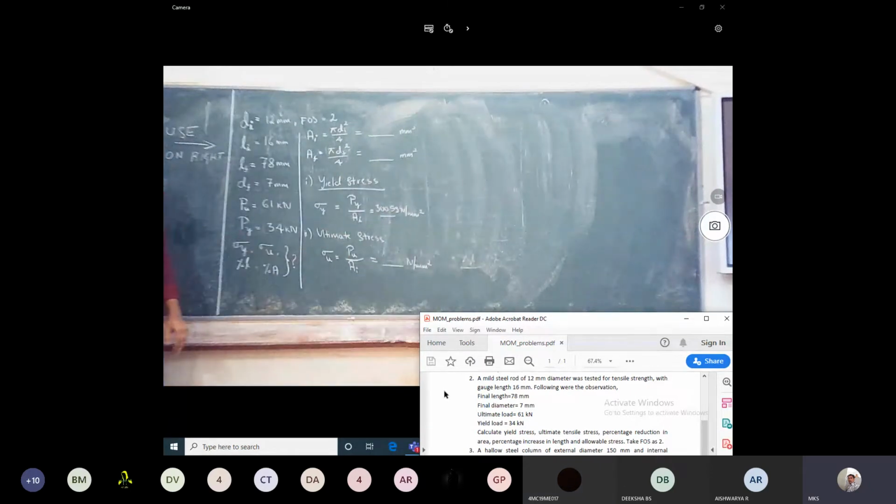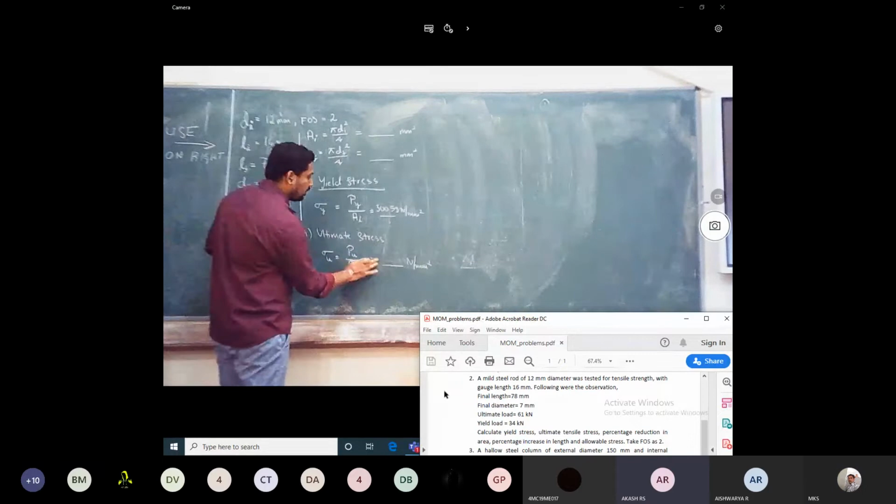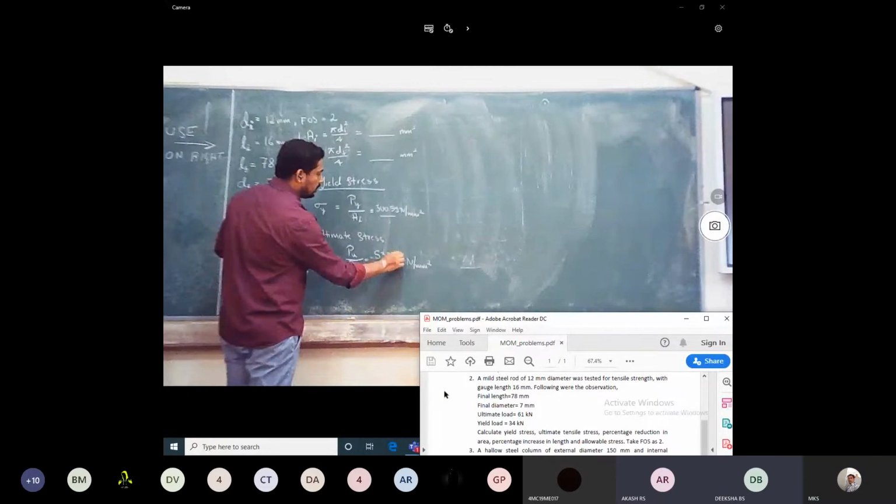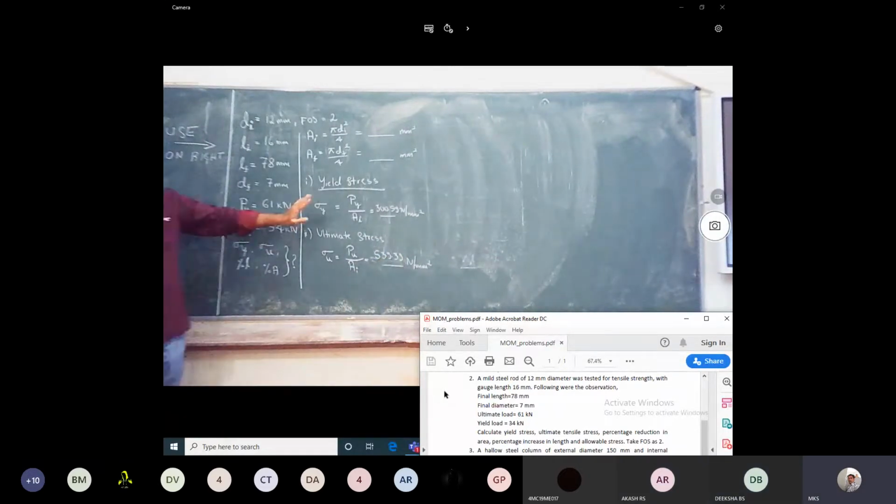Check your units and calculations, some of you may have missed units or the area. Substitute correctly, it is the initial area of cross section. So 538.39, it is right.